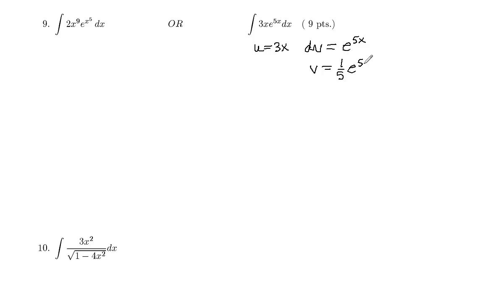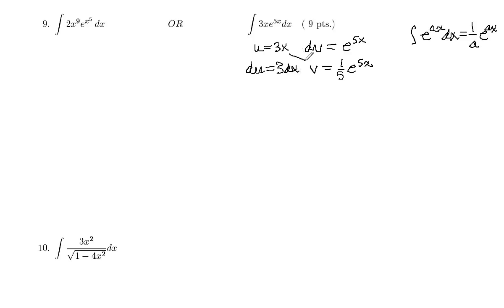What I'm doing there is using an integral formula that if you integrate e to the ax dx, you're going to get 1 over a times e to the ax, plus a constant. You can show this using the u substitution. And then our du here is going to be 3 dx.